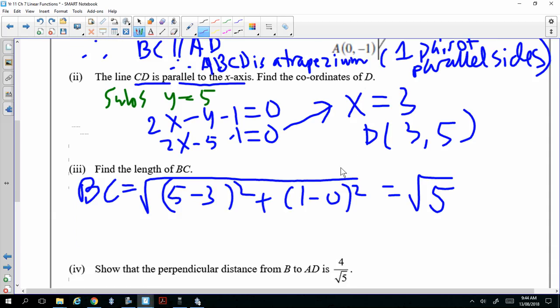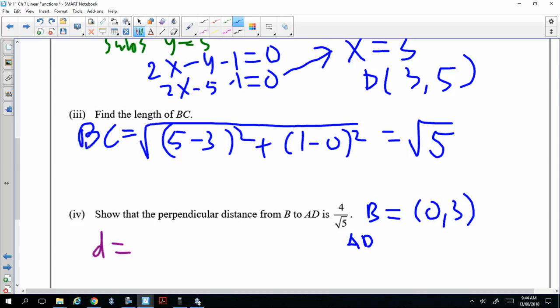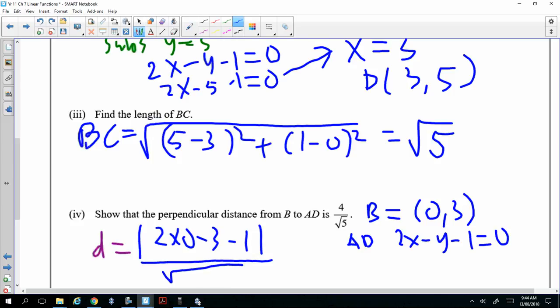And what's the equation of AD in general form? It's this. Now you just have to use the perpendicular distance formula, work out the distance, and then you leave it in exact form again. What do you get? They say to show this, so you get negative 4.